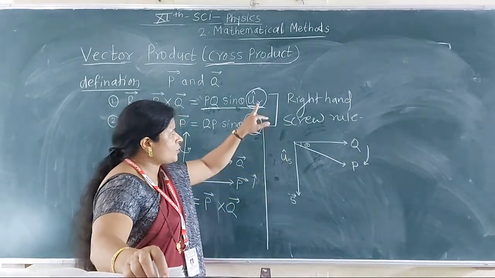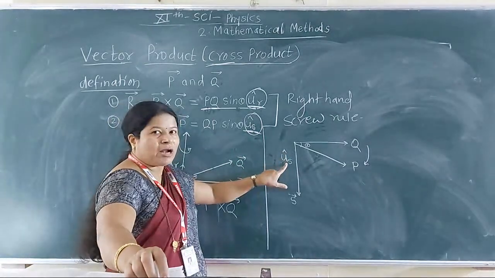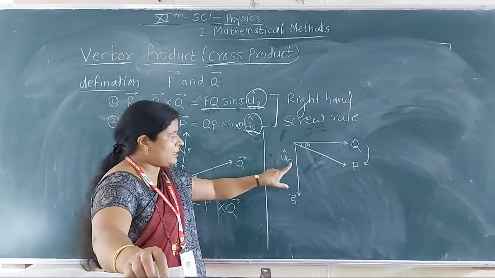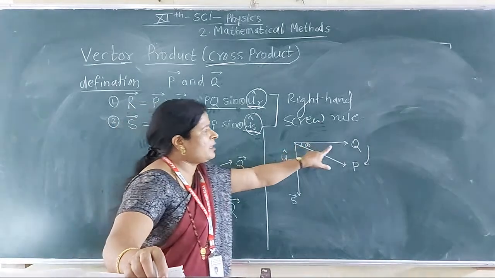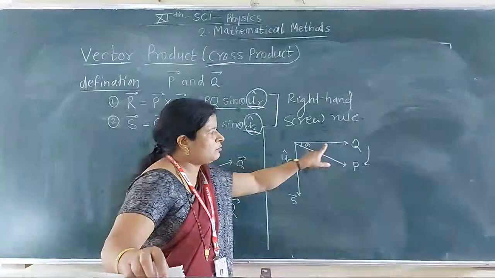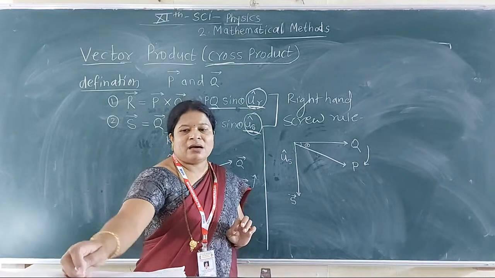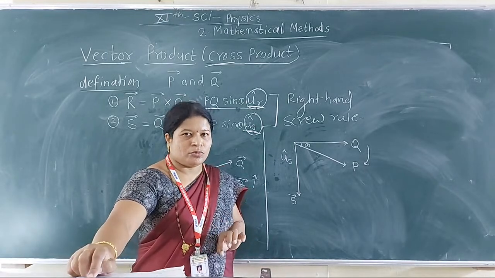See this, u cap r and u cap s: the products of vectors are perpendicular to the plane of these two vectors, and the direction is given by the right hand screw rule.